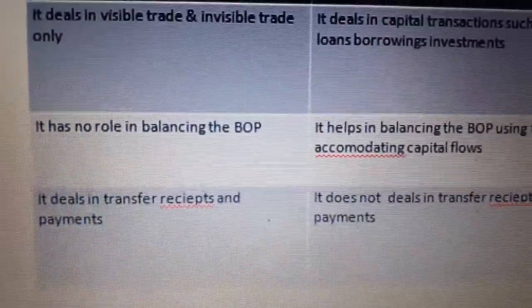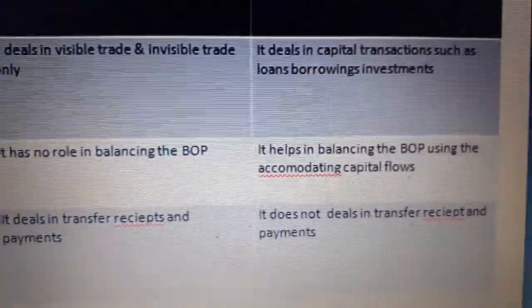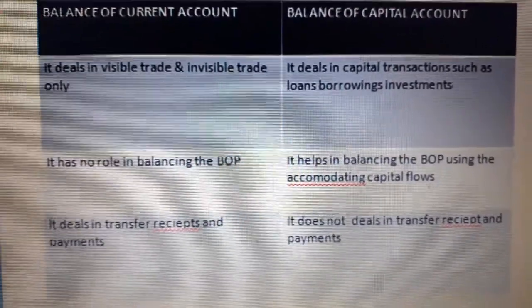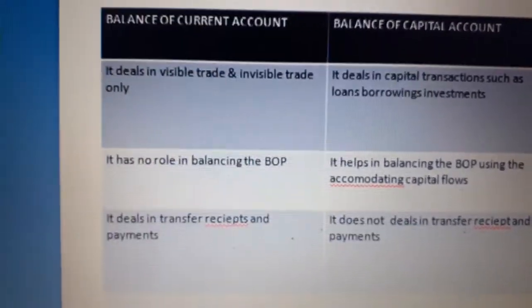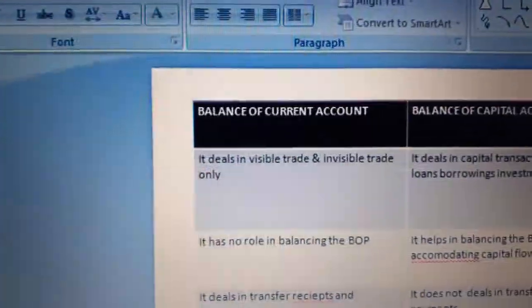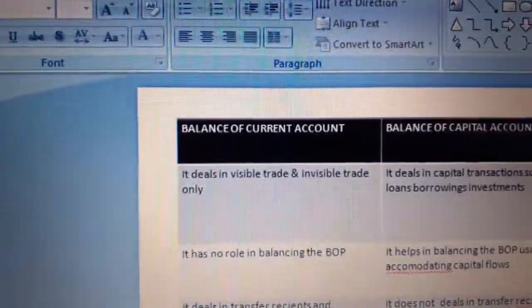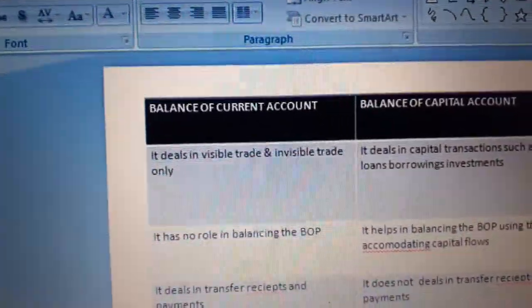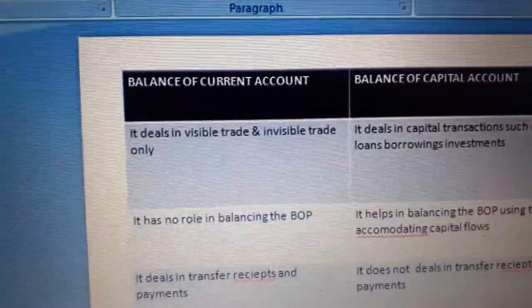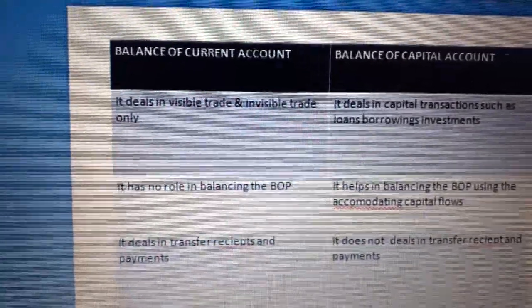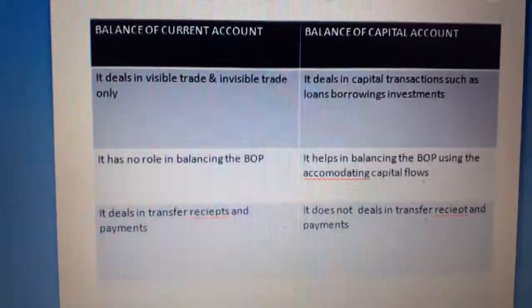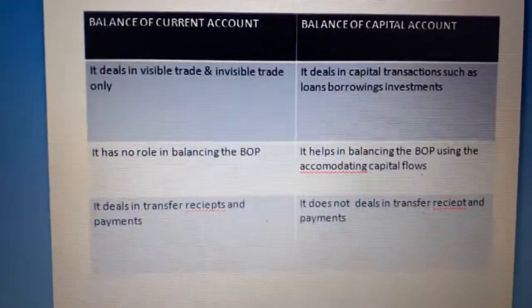Now the current account deals in transfer receipts and transfer payments, but the capital account does not deal in transfer receipts and transfer payments. For the first point, it deals in visible and invisible trade for current account, which actually means we are dealing in goods and services. So this is the difference between the balance of current account and the balance of capital account.